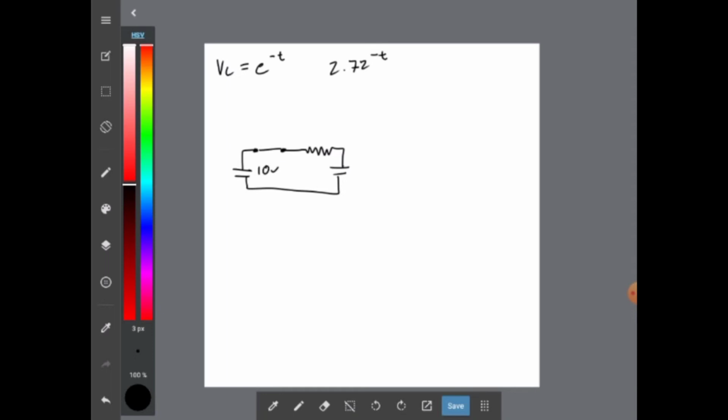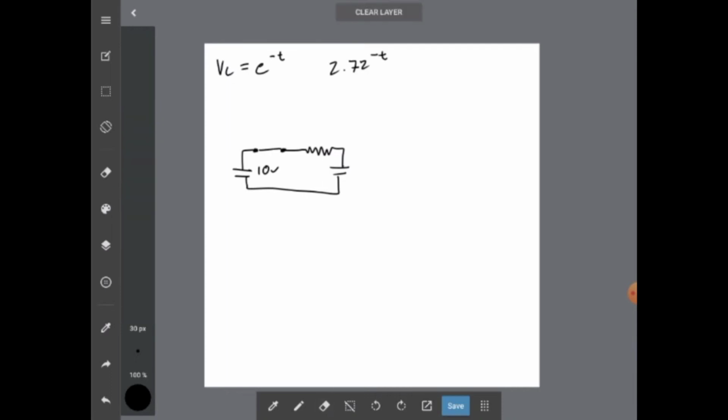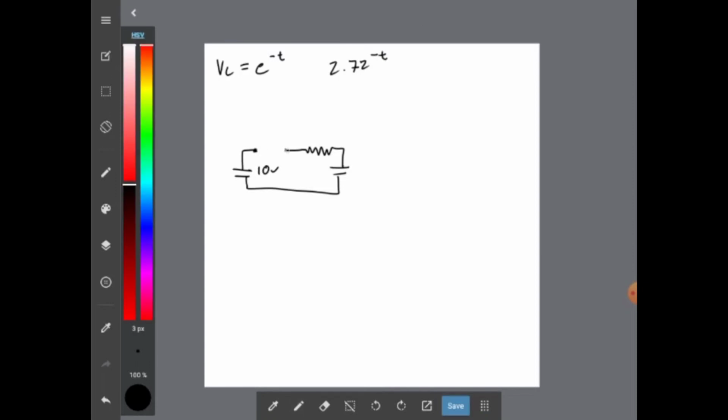So as we all know, when the switch is closed, the battery slowly charges up the capacitor. But this time, after the capacitor is charged and the switch is open, the capacitor will begin to discharge.